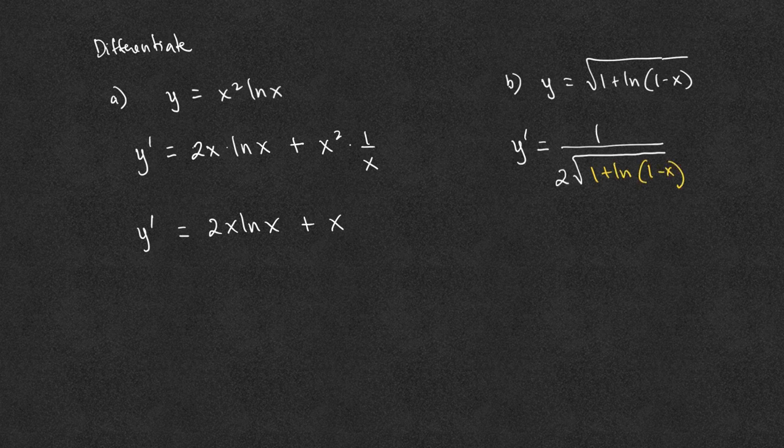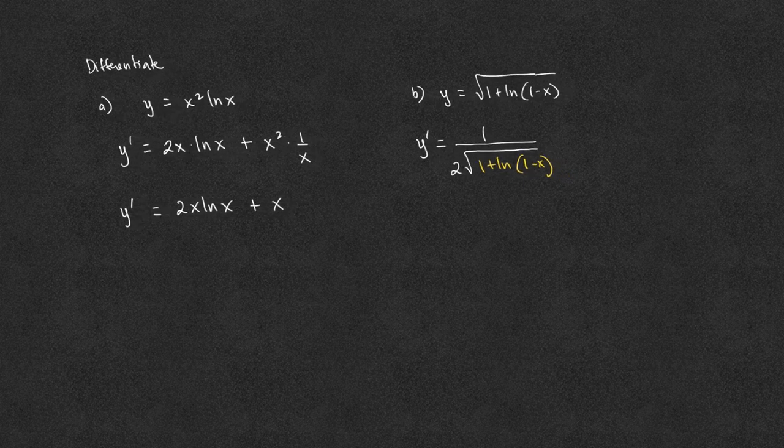And then we multiply the derivative of this inner function, which is the derivative of 1 is 0 plus the derivative of ln of something is 1 over the inner function, which is 1 minus x. And don't forget to multiply the derivative of the inner function right away, which in this case is negative 1.